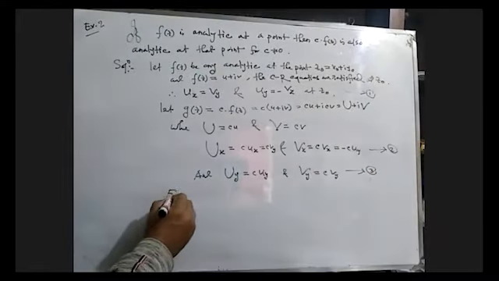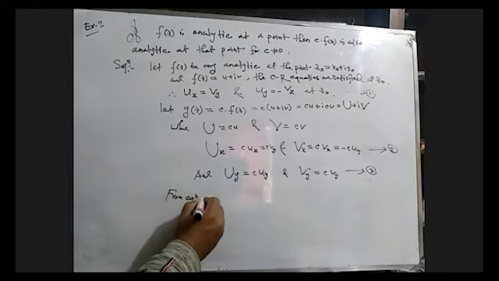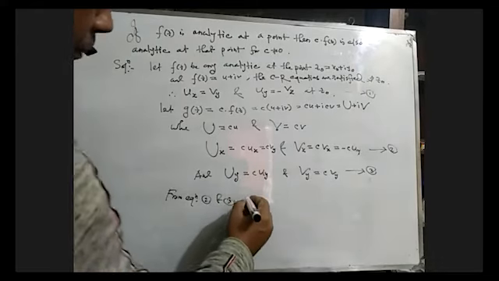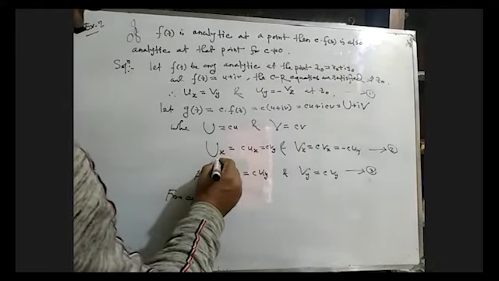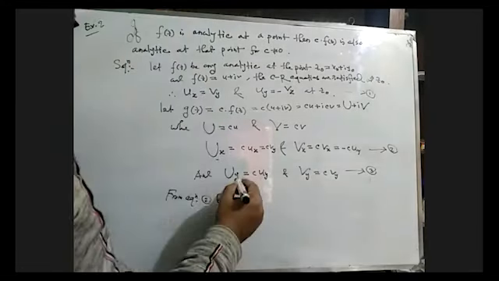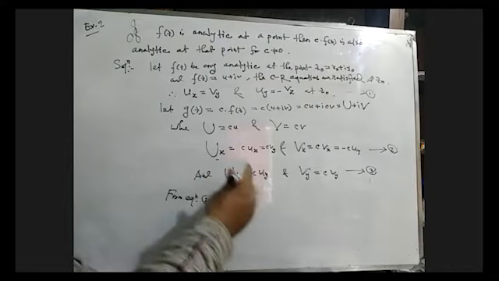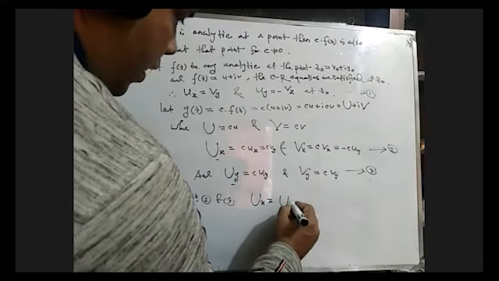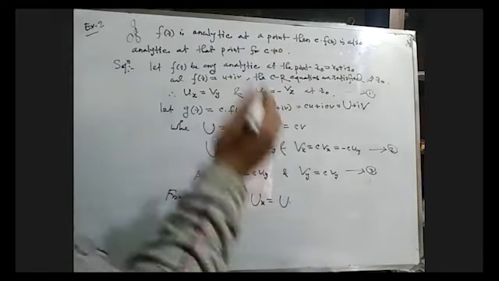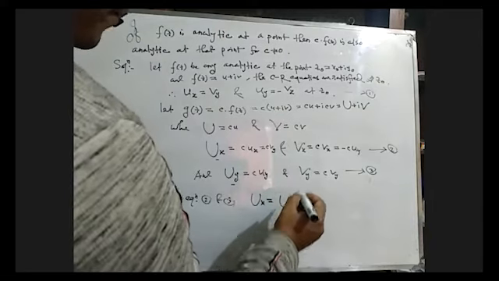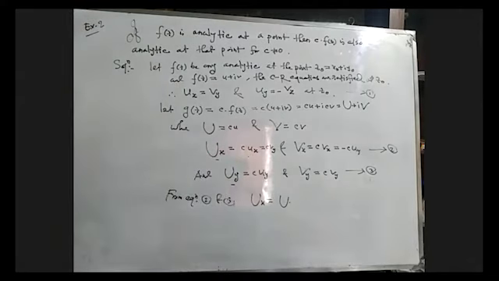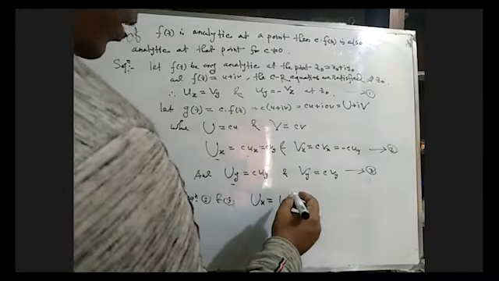From equation 2 and 3, we see that this ux and this uy are the same. Okay, same value, right? ux, capital ux, uy. Sorry, this and this, ux equals to by.